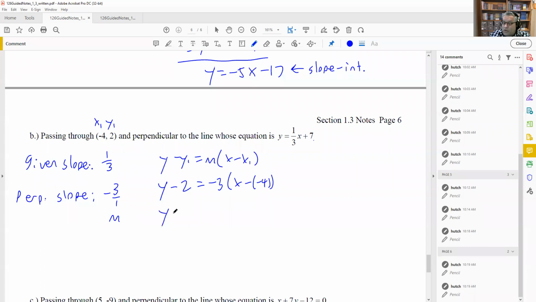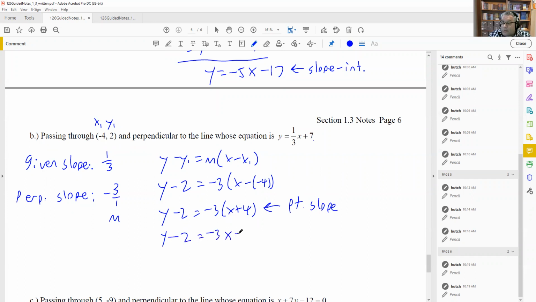We're going to do a simplified step here. So -3 times x plus 4. That's our first answer. That's going to be the point slope form right there. And then we're going to continue with this in order to find the slope-intercept form. So let's make this a little bit clearer here.